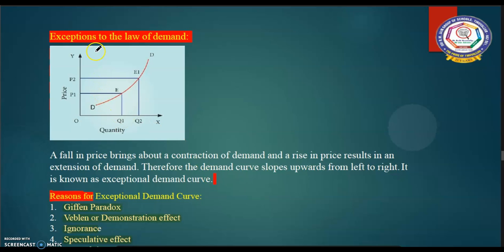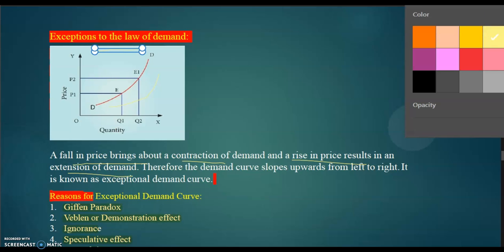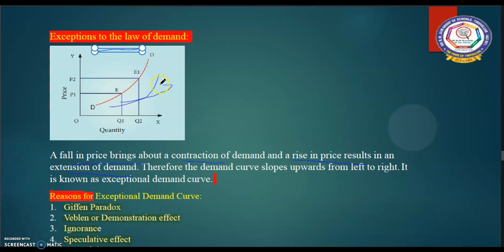Now, there are some exceptions to the law of demand. Normally a fall in price brings about a contraction of demand, and a rise in price results in an extension of demand. So here you can see the demand curve DD, which slopes upwards from left to right.